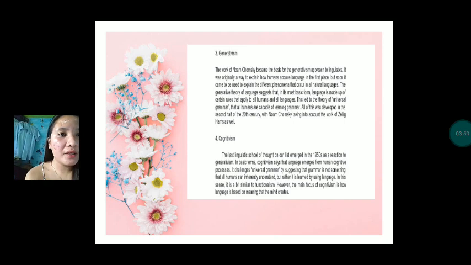It challenges universal grammar by suggesting that grammar is not something that all humans can inherently understand, but rather it is learned by using language. In this sense, it is a bit similar to functionalism. However, the main focus of cognitivism is how language is based on meaning that the mind creates.